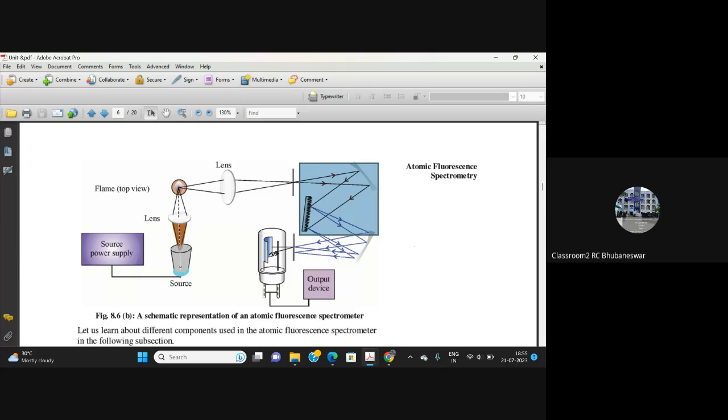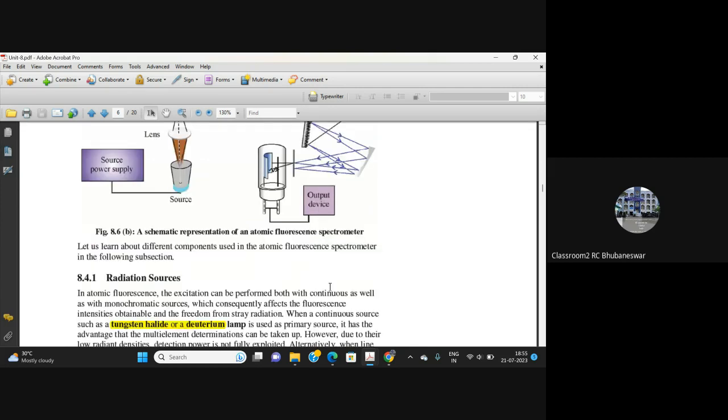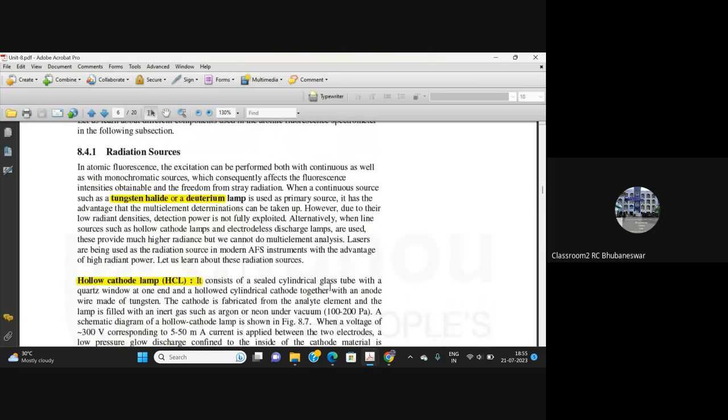Depending on the method of the spectroscopic tool you are going to use, you can tune it to get a better signal. That you can always do. Then the detector is there, then you have an output device. For the radiation source, here we are using a tungsten halide or deuterium lamp.